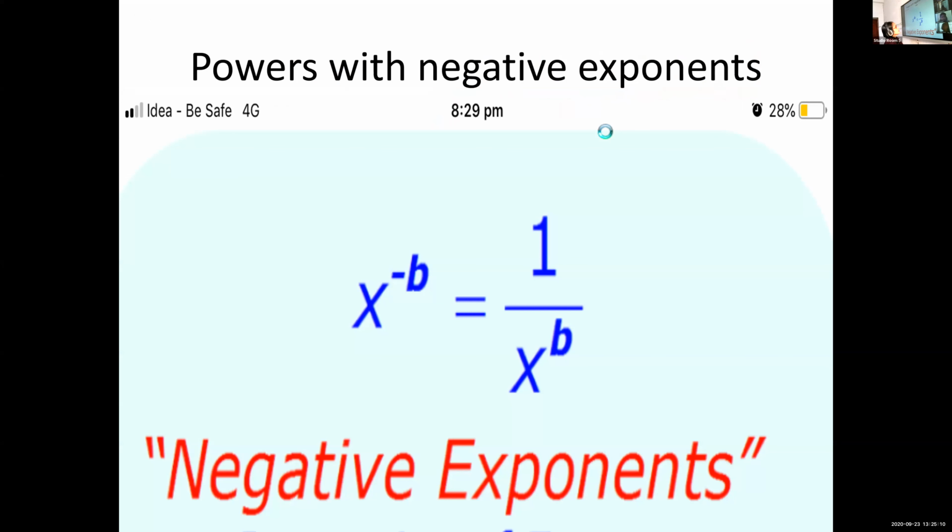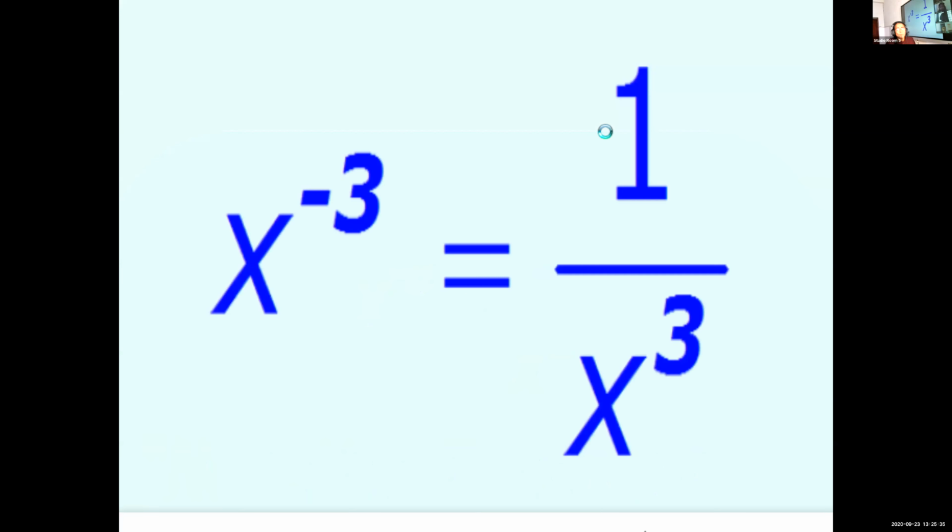When the power is a negative number, you just put its reciprocal and change the sign of the power. So x raised to negative 3 will be 1 by x raised to 3. Okay.